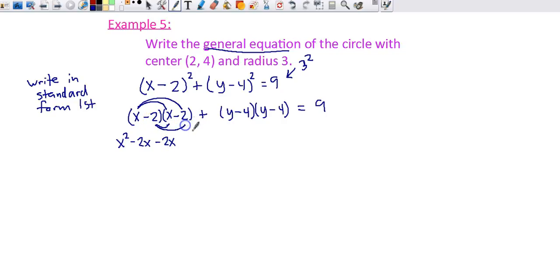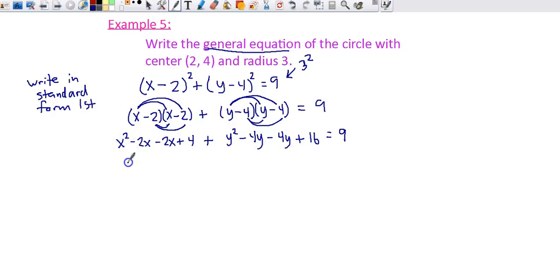And then negative 2 times negative 2 is positive 4. y squared minus 4y, one more minus 4y. And then those multiply to 16, equals 9.